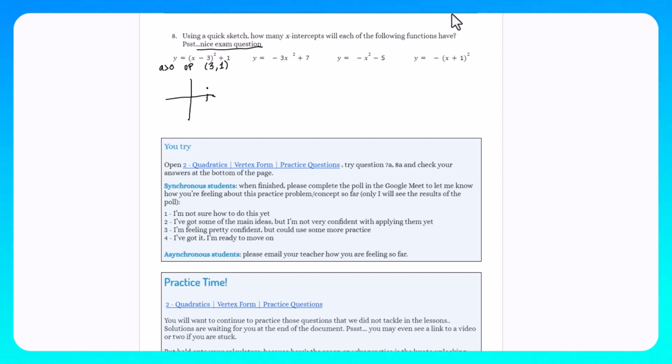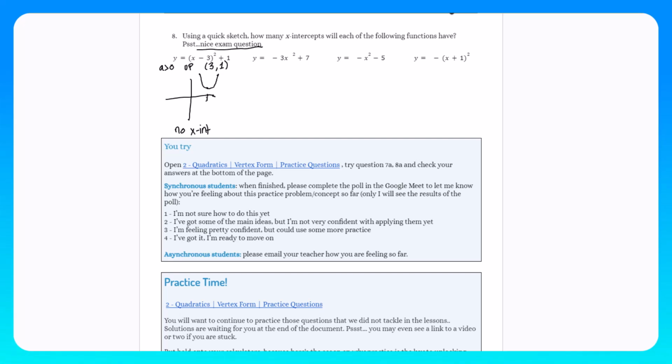Because this is opening up, it's going to go something like that. That means it's actually not going to cross the x-axis. So there are no x-intercepts. Now, it doesn't ask us what they are, so this is all we have to do. Tell how many.